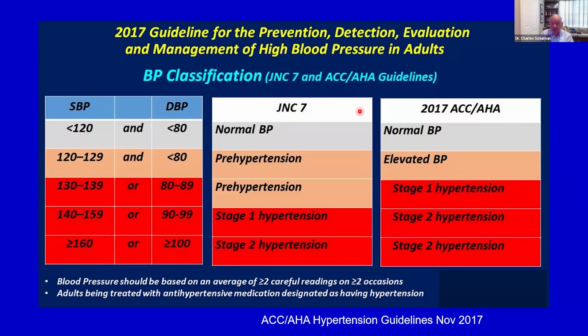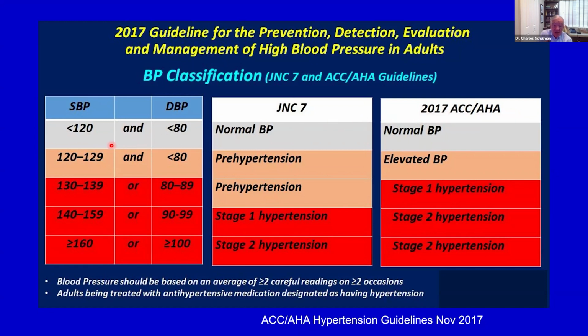And their tasks were taken over by the American College of Cardiology and the American Heart Association. So ACC and AHA have been publishing guidelines for all sorts of cardiovascular conditions, and their update of the hypertension guidelines dates from 2017, 6 years ago, or 7 years ago now.